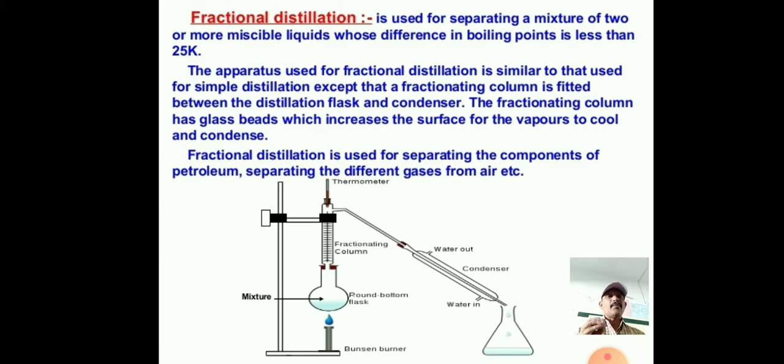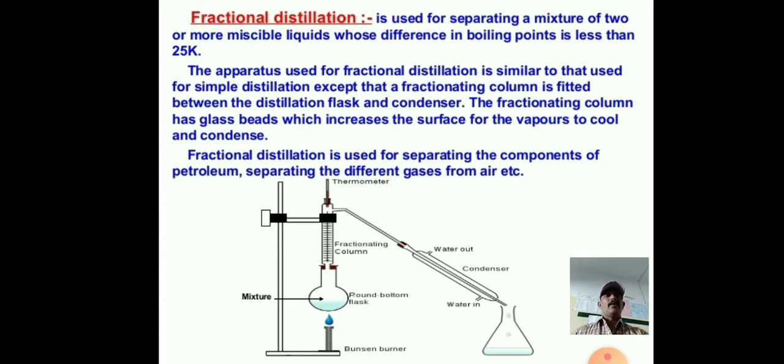Petroleum is crude oil, a raw material having many components. These components we separate using fractional distillation, and also for separating the different gases from air, etc. It is one of the very best methods for separating the components of a mixture of miscible liquids. I think you understood this point.